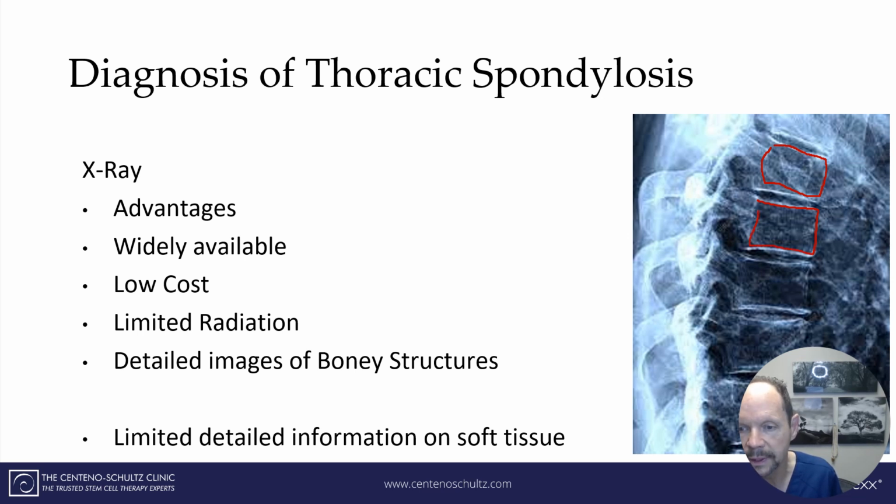You can also see the facets, but what you don't have a good idea of is the soft tissue, the muscles, the tendons, the ligaments, the nerves, the spinal cord, and the disc. So while X-ray is important, it's not the end all.